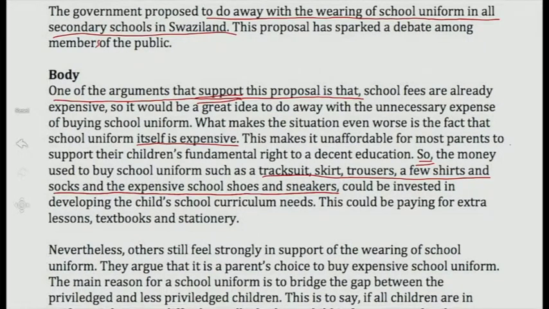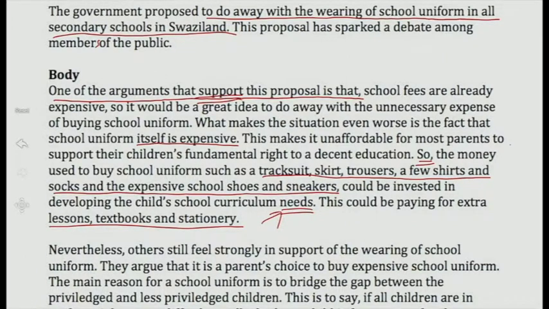So basically, by implication, it means that. So that one could be invested in developing the child's school curriculum needs, not these options, but the needs. This could be paying for extra lessons, textbooks, or also stationery. So these are the needs that are referred to by that one.